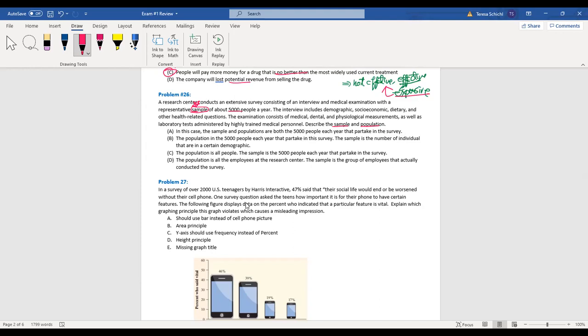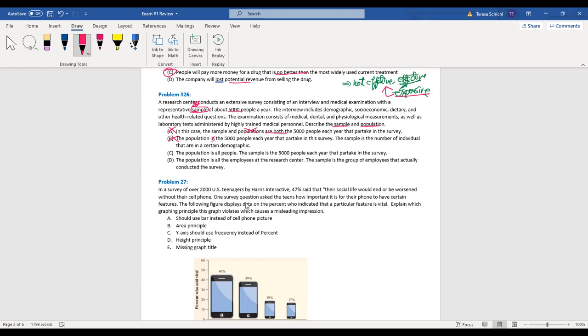Let's see the answers here. Be very careful. In this case, the sample and the population are both 5,000 people. No, we don't know what the population is, so this cannot be true. The population is the 5,000 people each year who partake in the survey. The sample is the number of individuals in a certain demographic. No, that's not true.